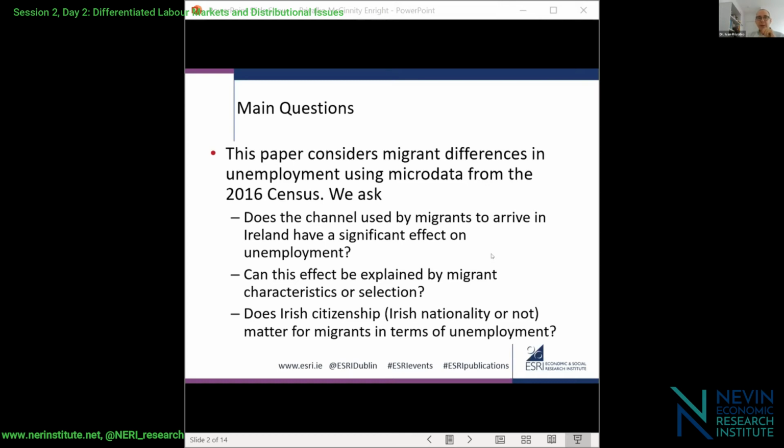For Irish citizenship, we're thinking about Irish nationality, but when we talk about migrants, we're thinking about people born outside of the Republic of Ireland. For the purpose of the paper, we are treating people born in Northern Ireland as migrants. That wasn't fully our choice, but it's the direction we're taking for now.